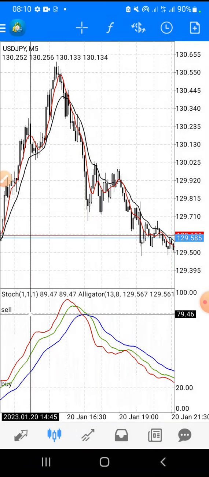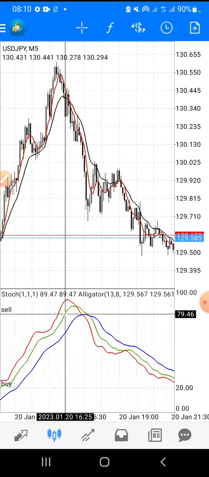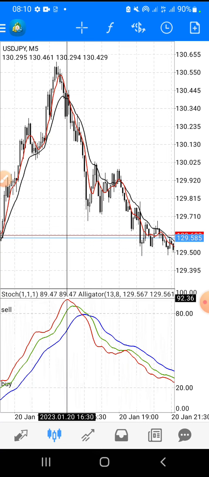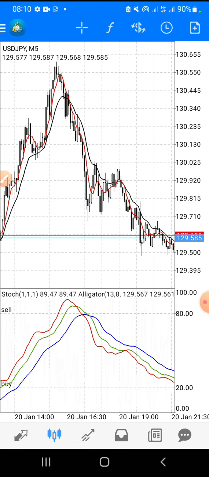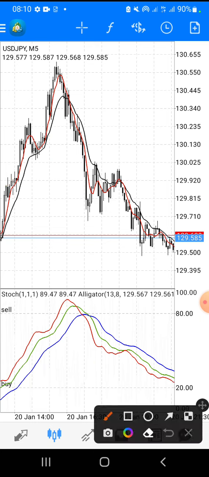Why? Because what's going to follow is the green line, and that's when we actually have our first entry point. When we see the red line crossing to be below the black line, this indicates a sell trade.